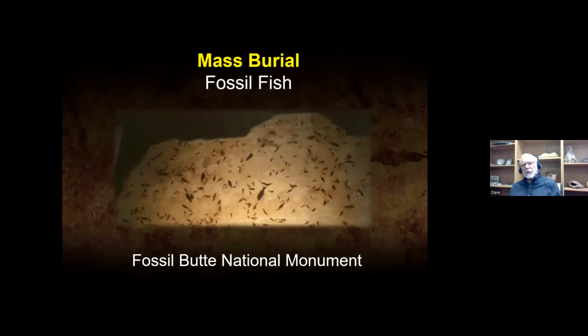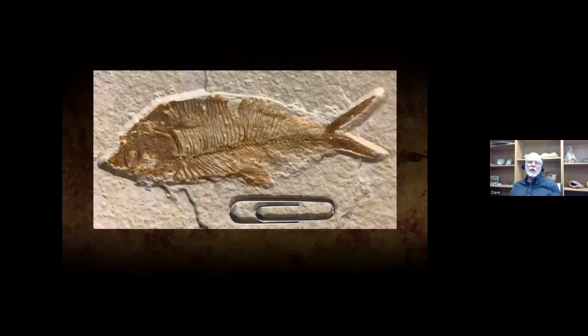All right. You go up to Wyoming, again, you see mass burial, which fits with the flood. Here you see a slab of 360 fish, not a fin out of place. That tells me they were buried very rapidly. Otherwise, that fish would have decayed. You would not recognize it even as a fish, even after a short period of time.